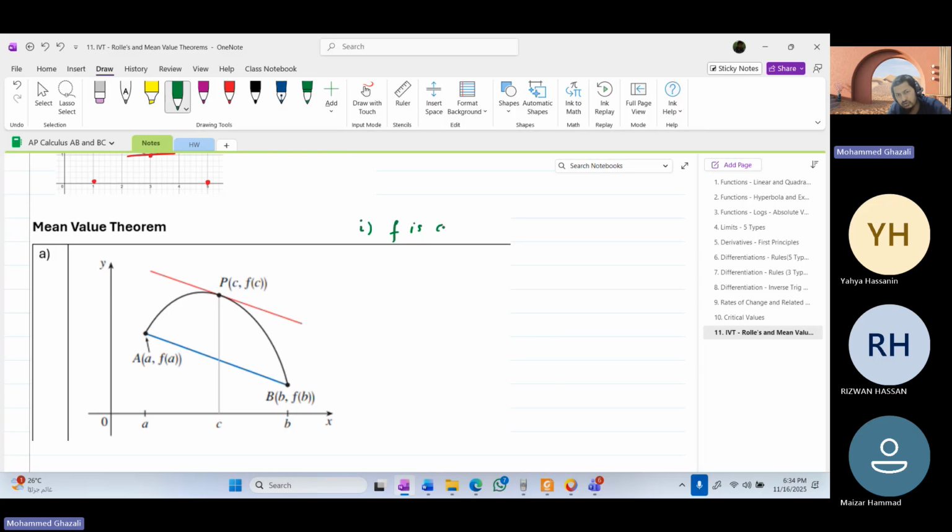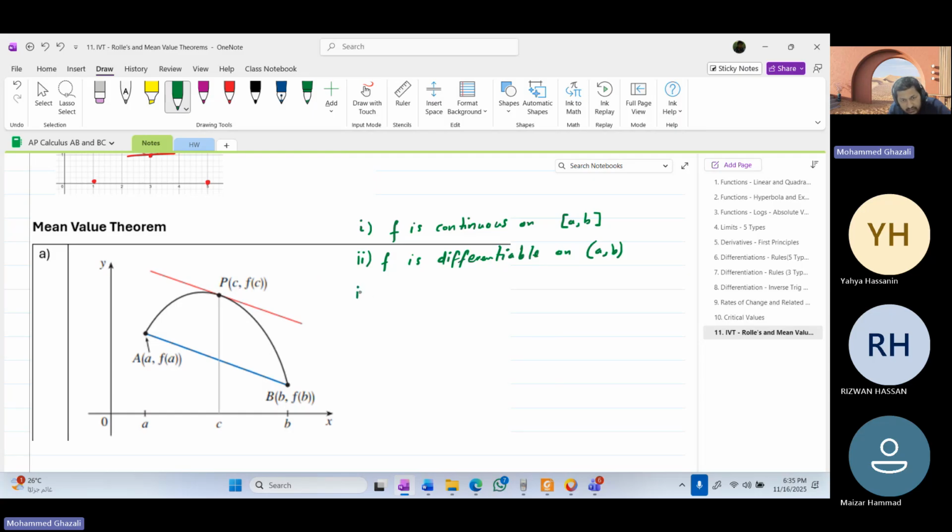One, f of x is continuous on a to b. Two, f of x is differentiable on a to b. Differentiable is always an open interval.